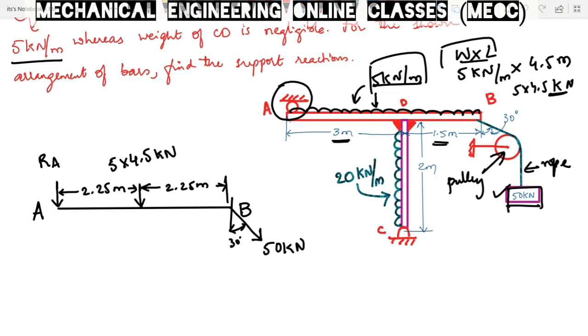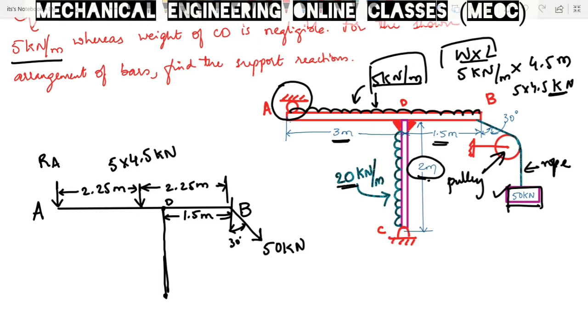Now let us complete the FBD with CD also. D is 1.5 meter from B. This is point D. Here is CD, whose length is given as 2 meter. This is also a UDL.